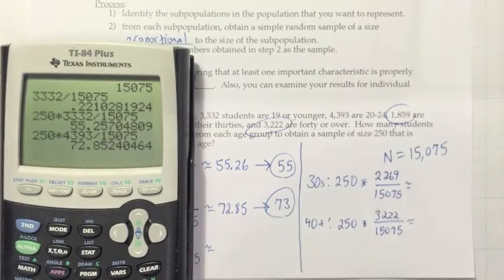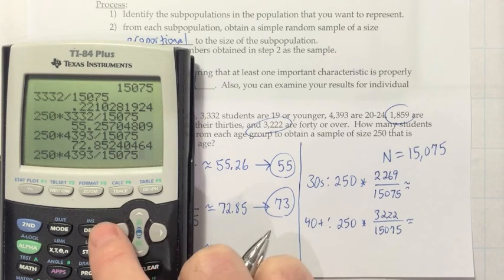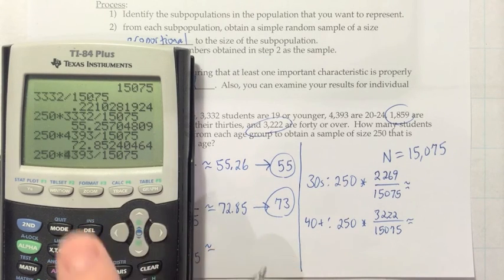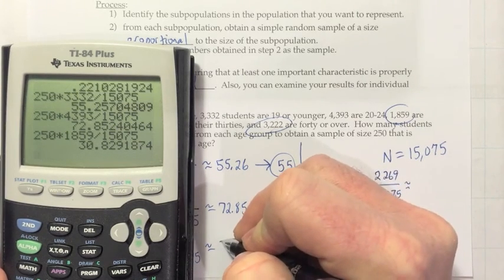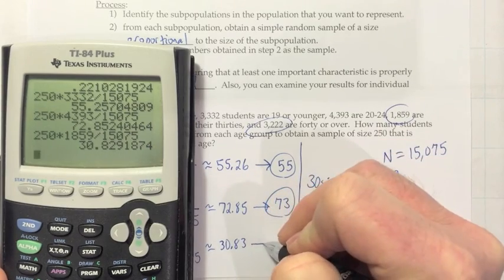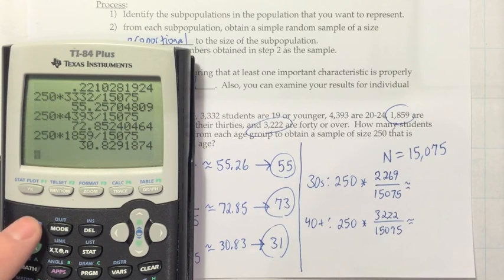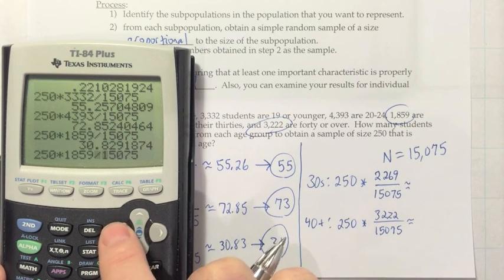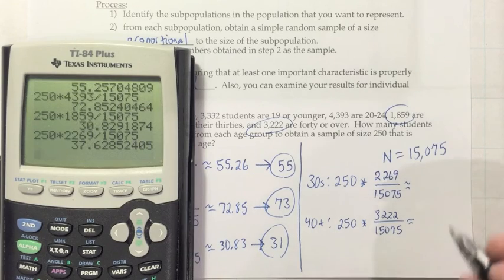So again, just editing the ones we've already done before. So for this one, I want to change this to 1859 for those students in their upper 20s. So that gives us 30.83 roughly. And rounding that, we would say we should get 31 students from that group. Going to those in their 30s, we would change this number to 2269.